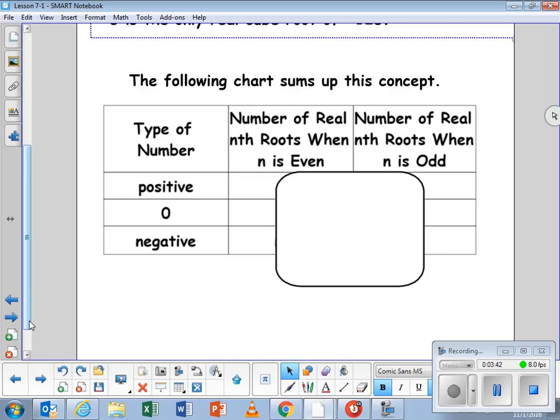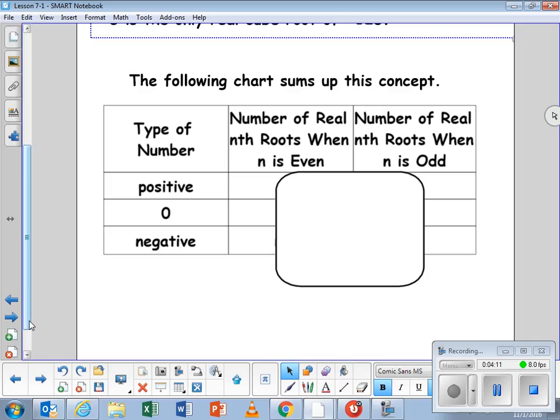So let's go down here. Type of number. Positive number. Number of real nth roots when n is even. So we have an even root, positive number. How many real roots are there? 2. There are 2. I tried to put boxes in here that would move out of the way, and this table that I used to draw this kept absorbing them into the table and replacing the numbers I had in there, and it wouldn't work.